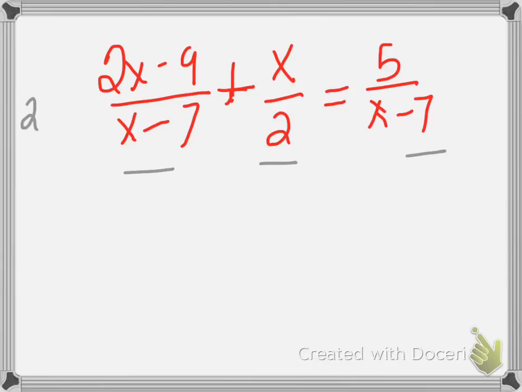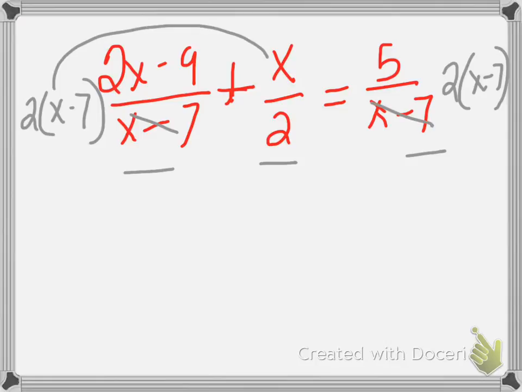So when we multiply 2 times x minus 7 on the left side, and then 2 times x minus 7 on the right side, actually the only thing we eliminate is x minus 7 as a denominator. The 2 still has to be multiplied here.